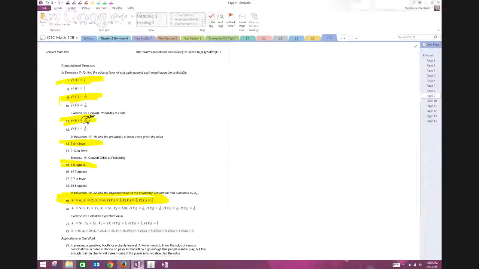11.6 is telling the difference between a probability and an odd. So if A over B is the probability of A happening, then the odds for A are going to be A to B minus A. An example: if I say what's the probability of getting a heads on flipping a coin, that's going to be 1/2.